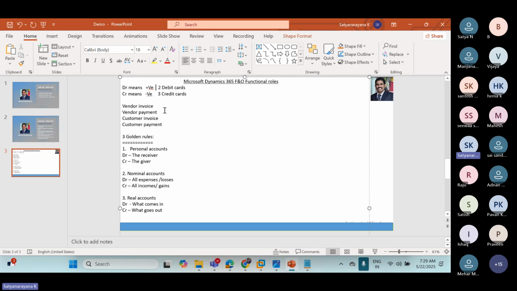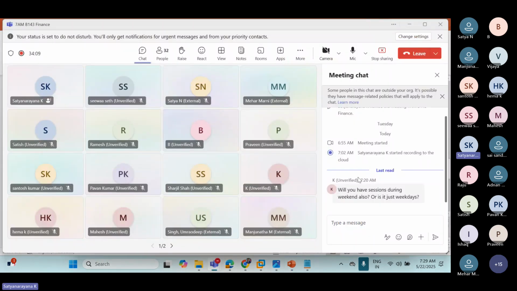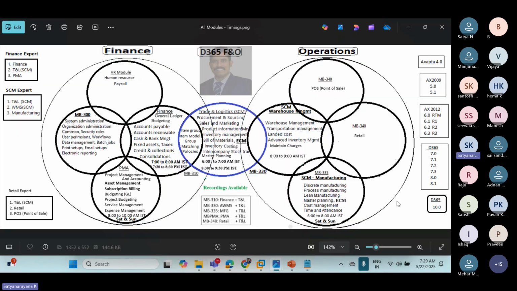Okay, in the coming sessions, you are going to learn. Fine. So one of our colleagues is asking, do we have weekend sessions? Weekdays 6 to 7, 7 to 8 and 8 to 9 morning, these 3 sessions, and night 7:30 to 8:30 and 8:30 to 9:30 PM IST.